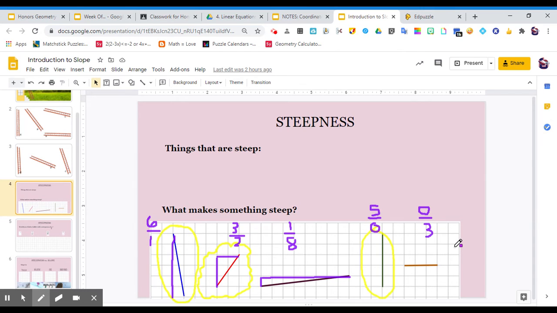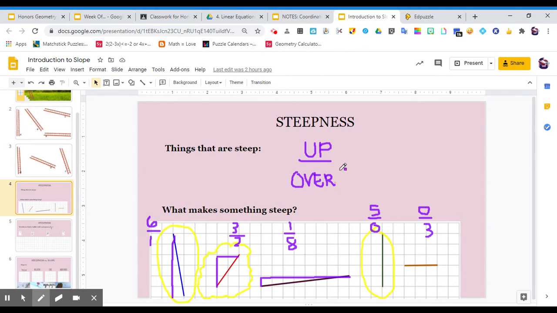All right, so take a look at those numbers. The ones that we circled in yellow, what do you notice about all of those? What do you notice about the top? Because in these, we were talking about how the top number was up and down, and the bottom number was over.